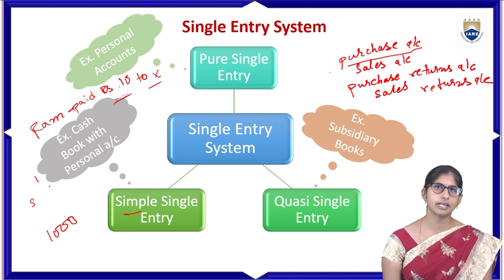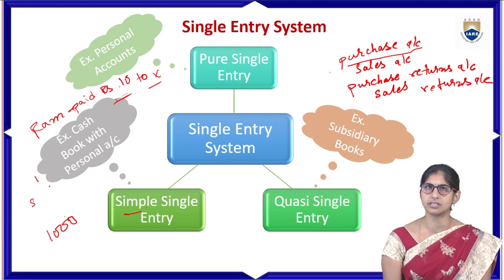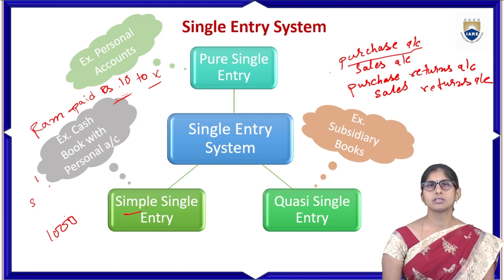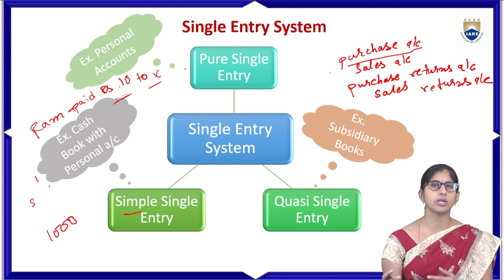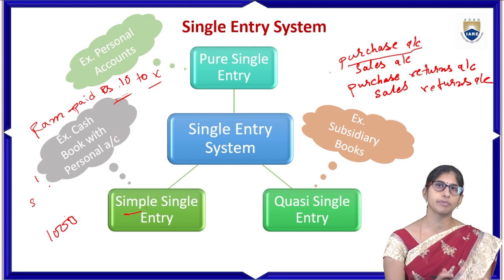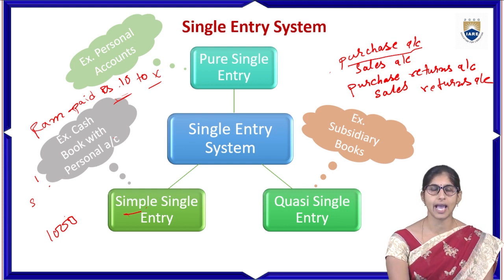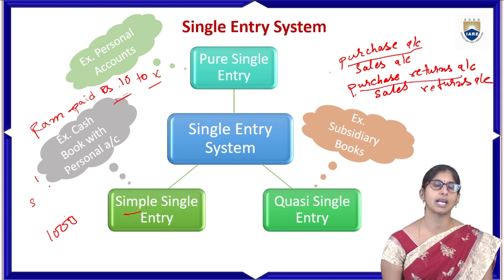Once they are damaged and defective, we are not going to sell these items to our customer because our credentials are also very important, right? So that's the reason we return those goods which we have purchased. We return them back to our supplier or to our wholesaler. So that's the reason purchase returns has to be maintained.